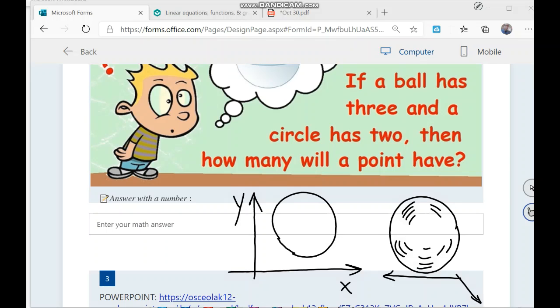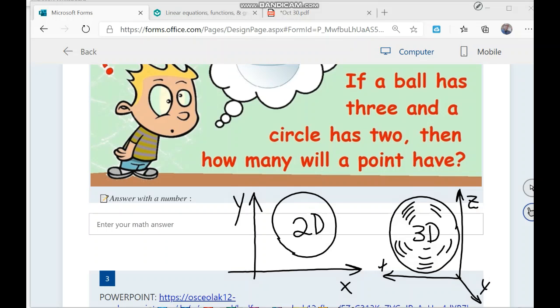So you're gonna have X, Y, and also another axis, the Z. You have 3 axes and each one represents what? 1 dimension, right? Because the ball, the sphere, is a 3-dimensional shape, and the circle is 2-dimensional.